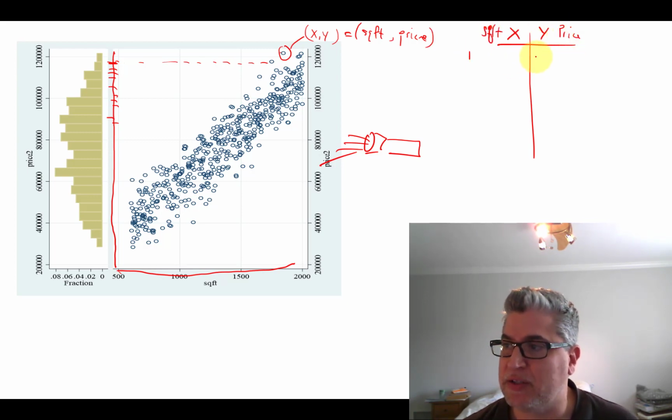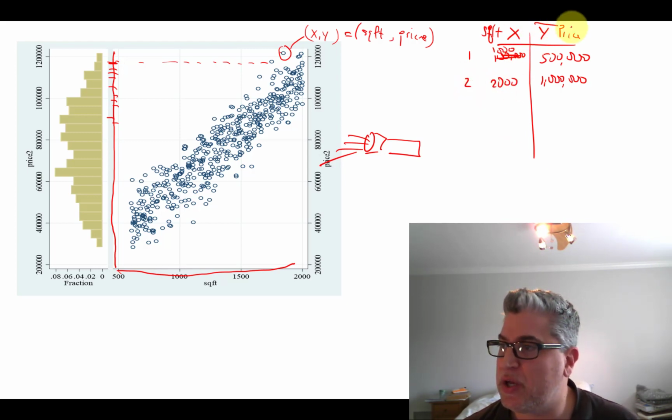And you've got that for house 1. Maybe it was a $500,000 house that was 1,000 square feet. And you've got a $1 million house that maybe was 2,000 square feet. That was house 2, and so forth.